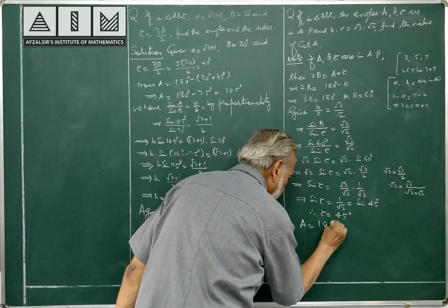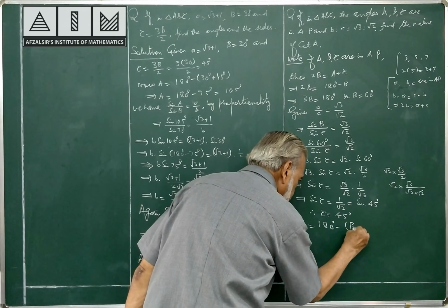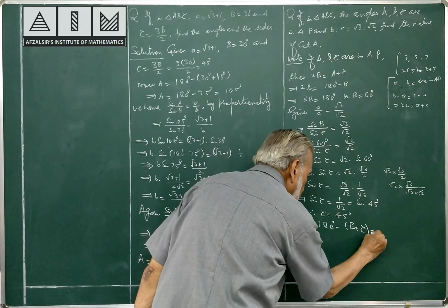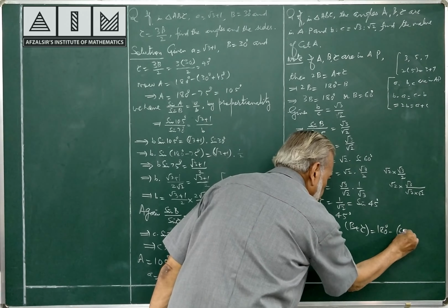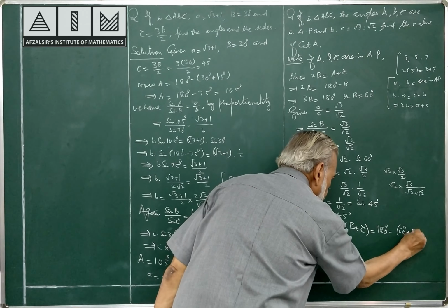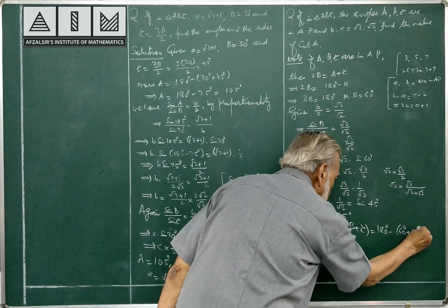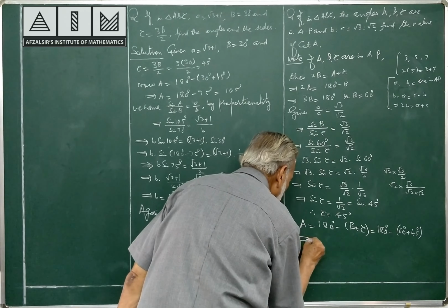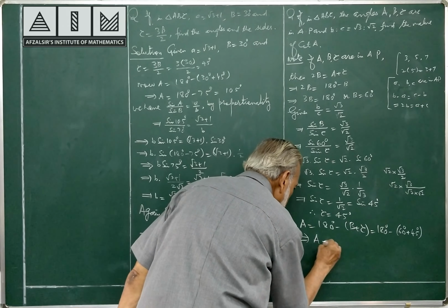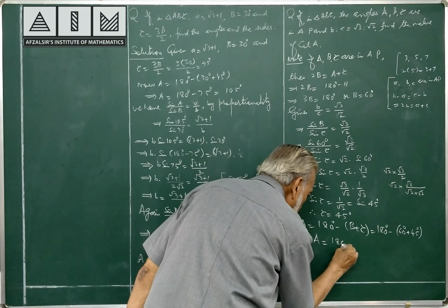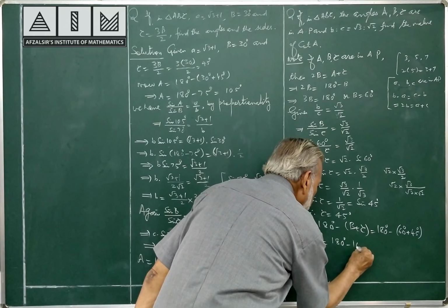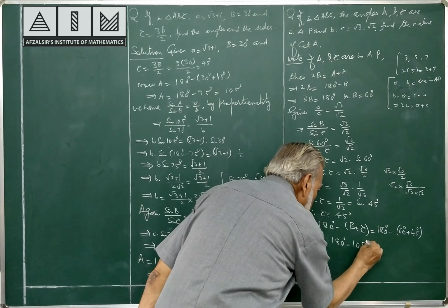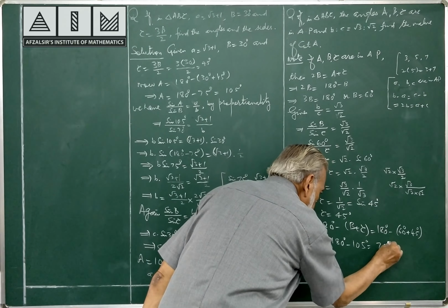Angle A is 180 minus (B plus C), that is 180 minus (60 plus 45). This is 105, so 75 degrees.